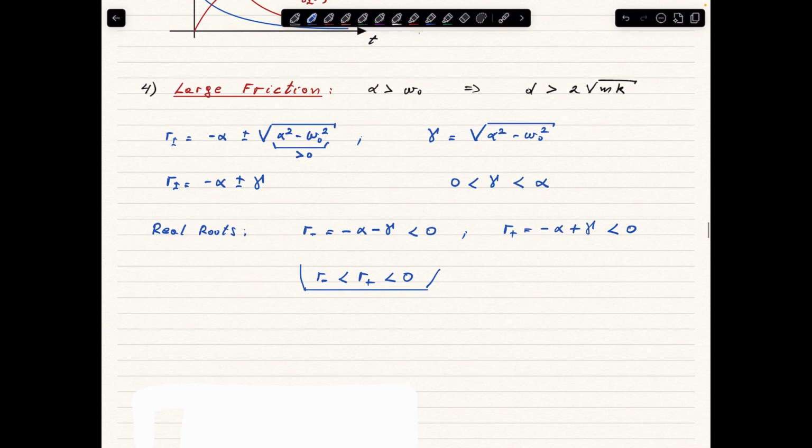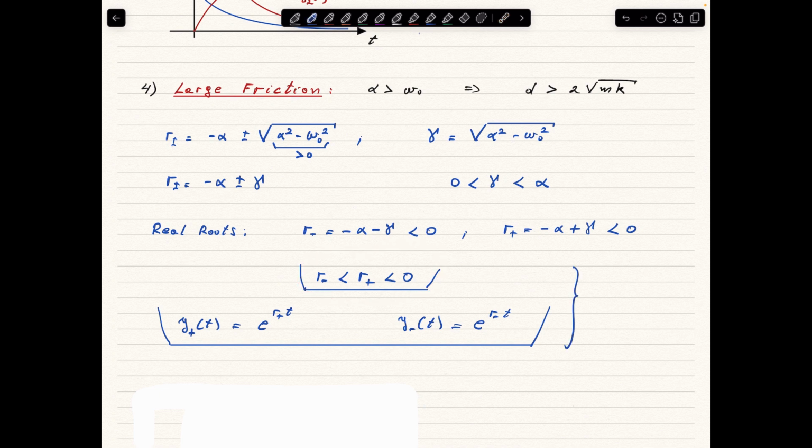Then the two fundamental solutions are y plus of t, which is exponential r plus of t, and y minus of t, which is exponential r minus of t. Because of these conditions on the roots, these are both decaying exponentials.